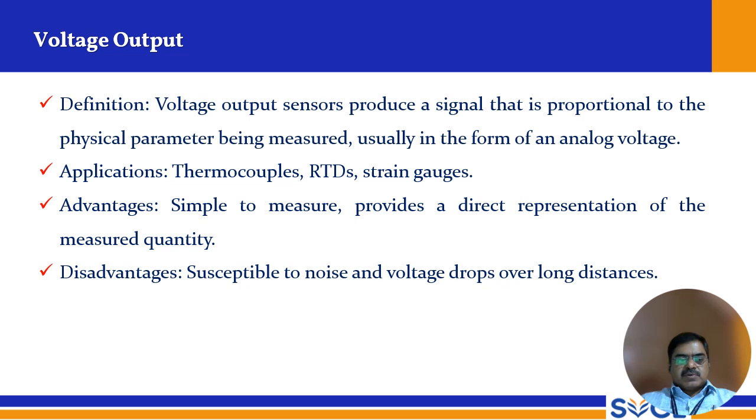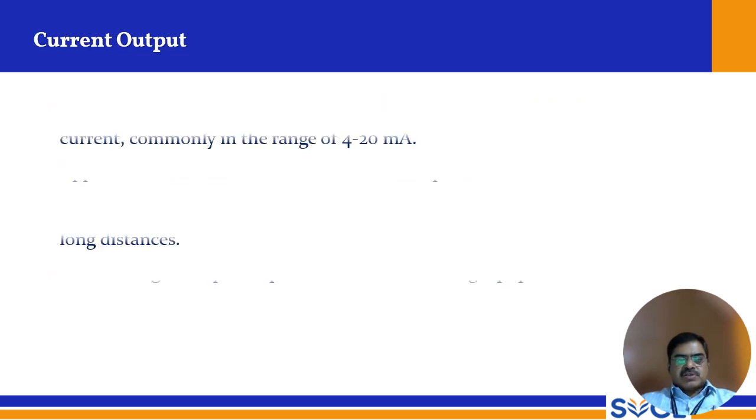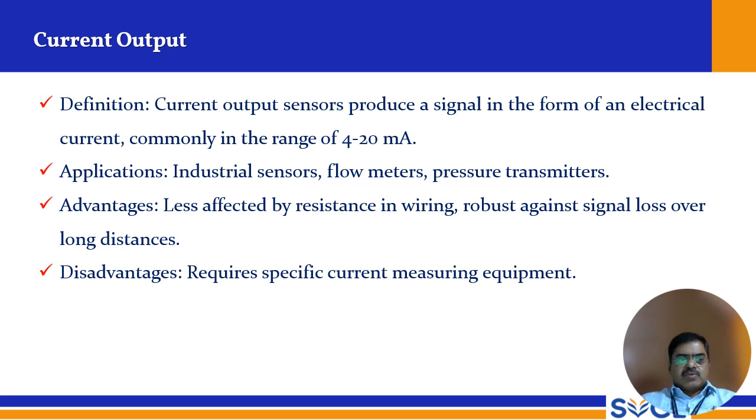Disadvantages: susceptible to noise and voltage drops over long distances. Current output, it is current loop output, used in industrial sensors, flow meters, pressure transmitters. Less affected by resistance in wiring, robust against the signal loss over long distances, but requires specific current measuring equipment.